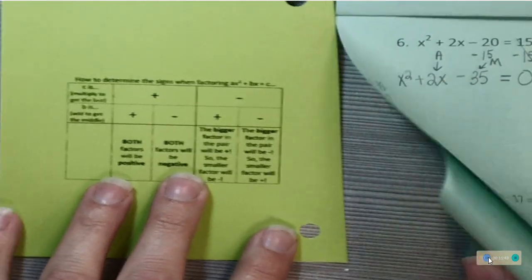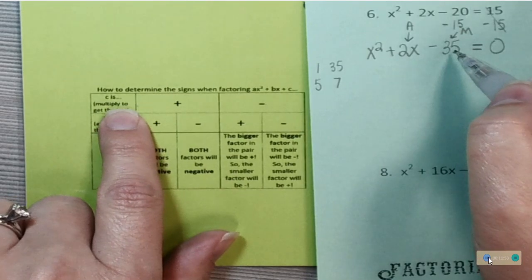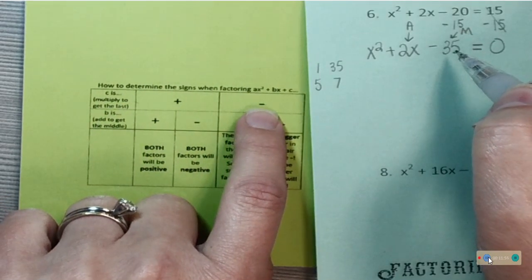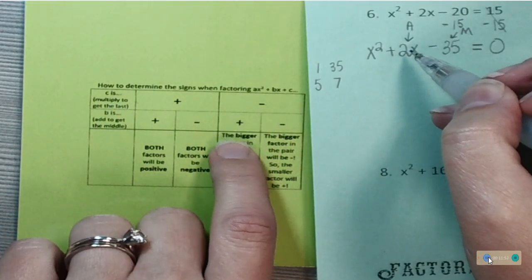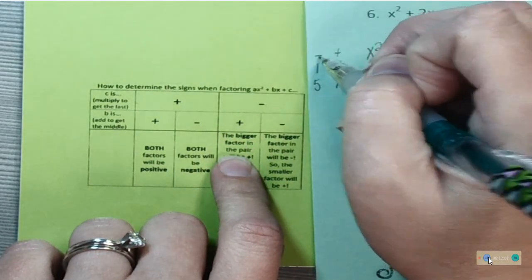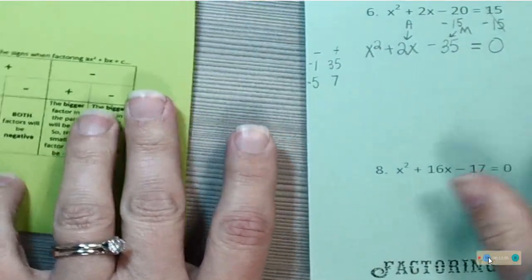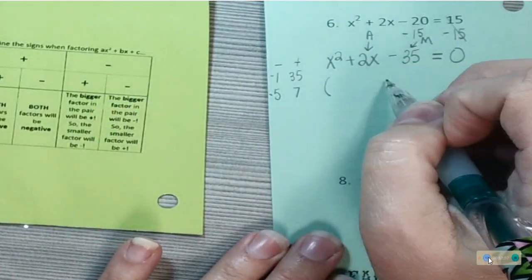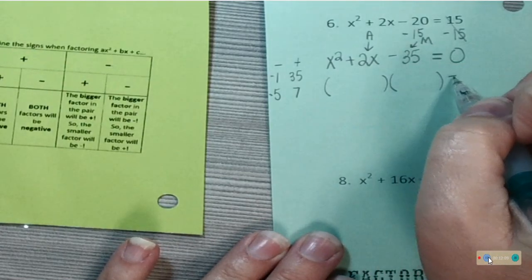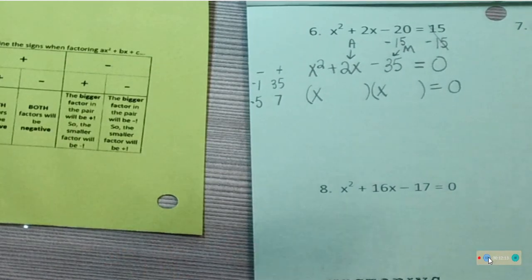Now I got to think about the signs. I got this little sign chart back here still. If I'm going to multiply and get a C that is negative and add to get a positive, that means the bigger number is positive and the little number is negative. So I've got my signs. X squared tells me I'm going to have 2 x's because x times x gives me x squared.